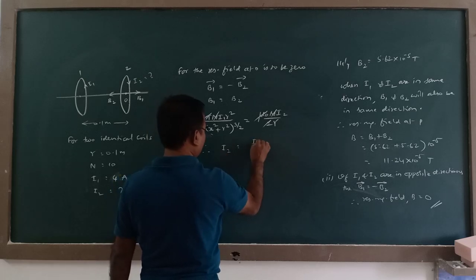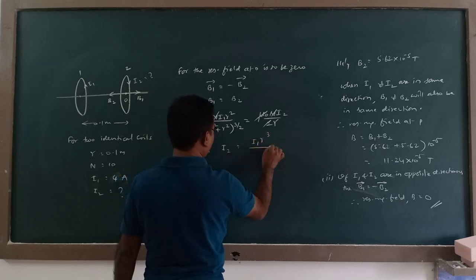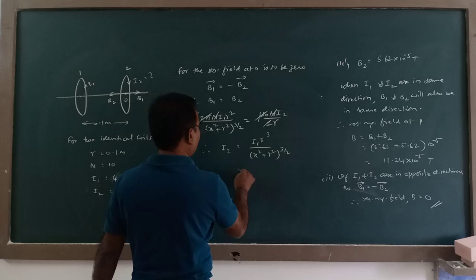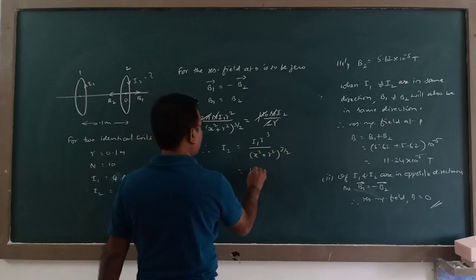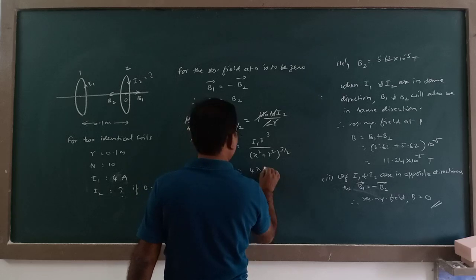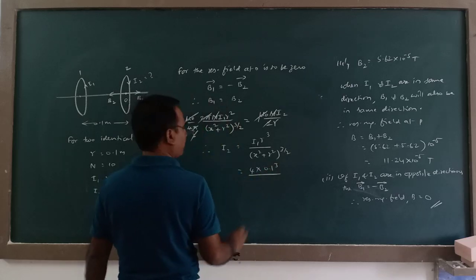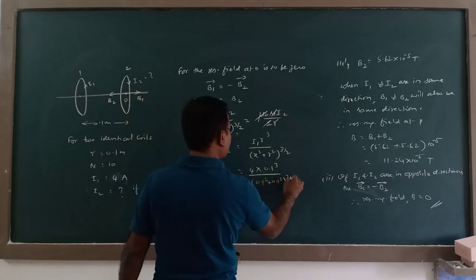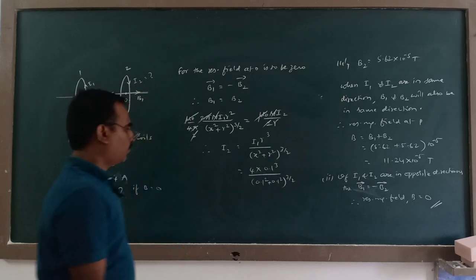I2 is equal to I1 r cube divided by x square plus r square whole to the power of 3 by 2. What is this I1? It is 4 ampere. Radius is 0.1 cube divided by, so this is 0.1 square plus 0.1 square whole to the power of 3 by 2.